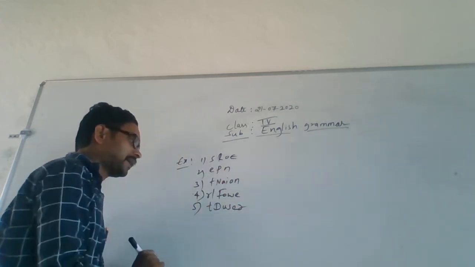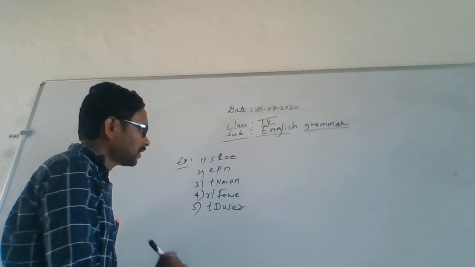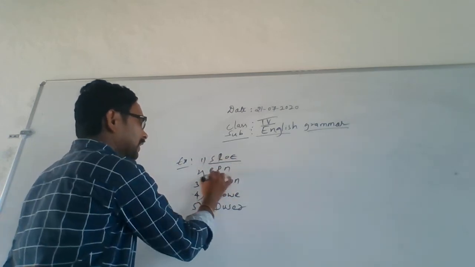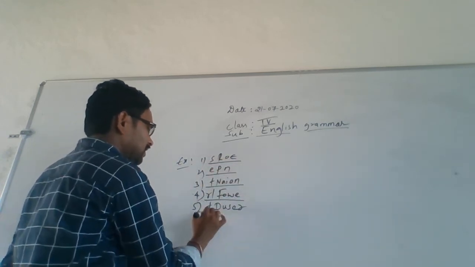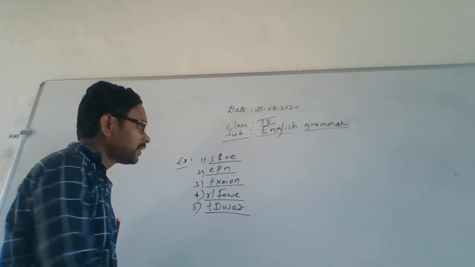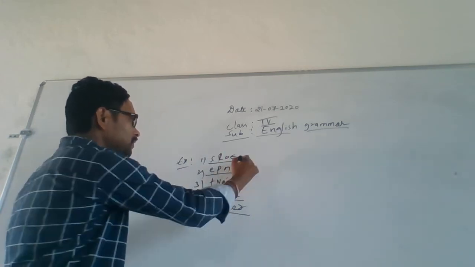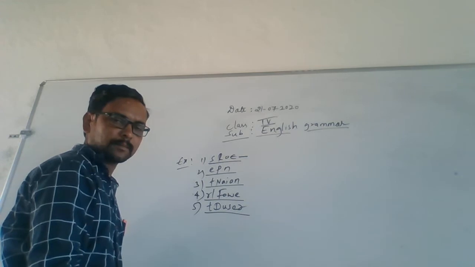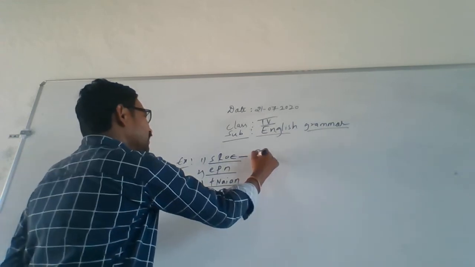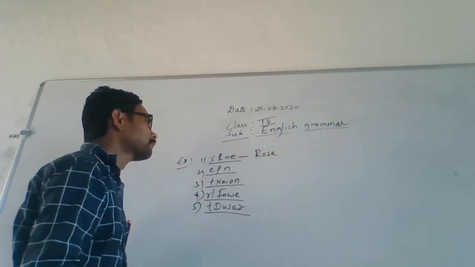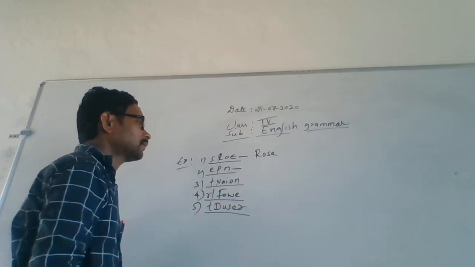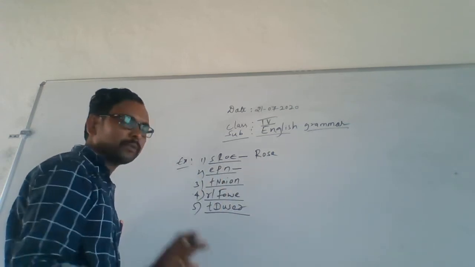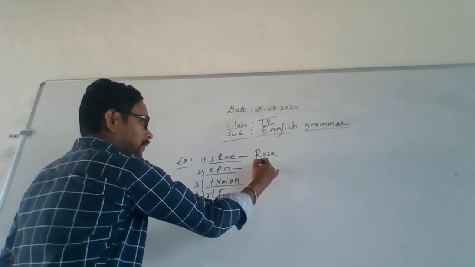Look at these five words. These are not correct. Tell me how you make them correct. First one is rose. Next, when you write something, you use a pen.